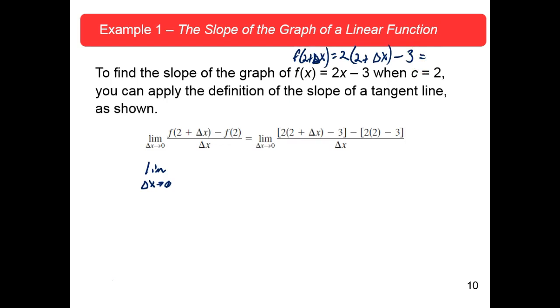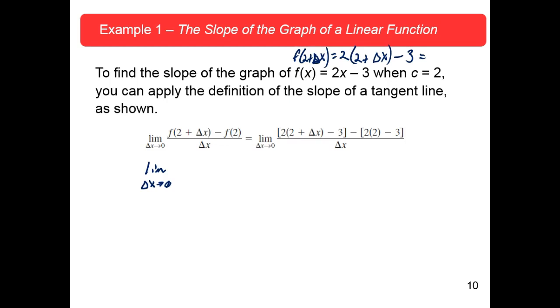I said this is kind of why I started getting confused. How come there's a 2 outside of the parentheses? Okay, good question. Here is your f function. It takes the number 2, multiplies it by the x, and subtracts 3 from it. Well, up here, instead of x, we're putting 2 plus delta x, right?